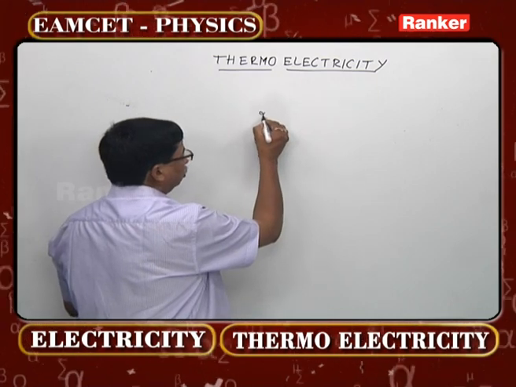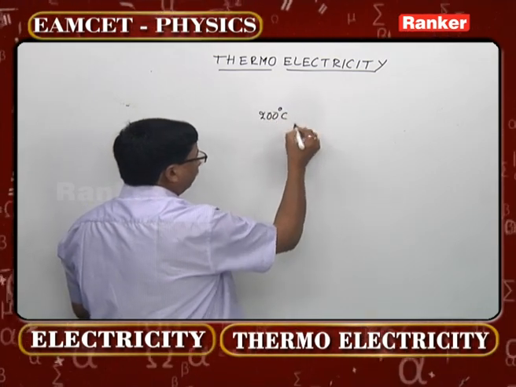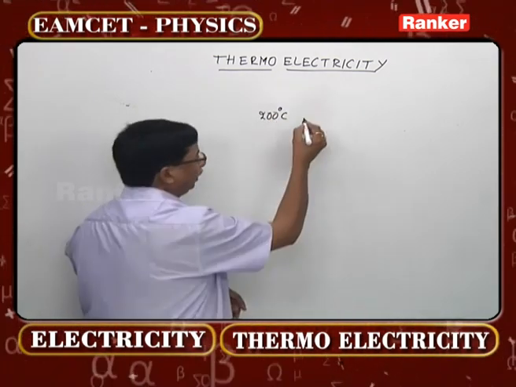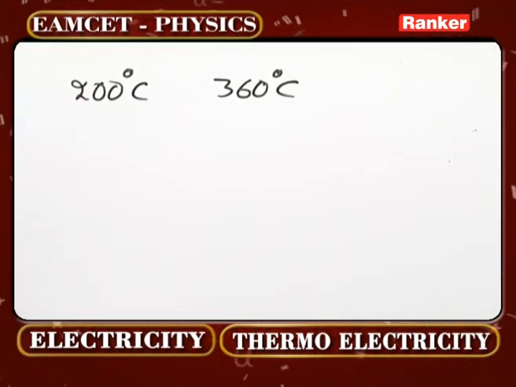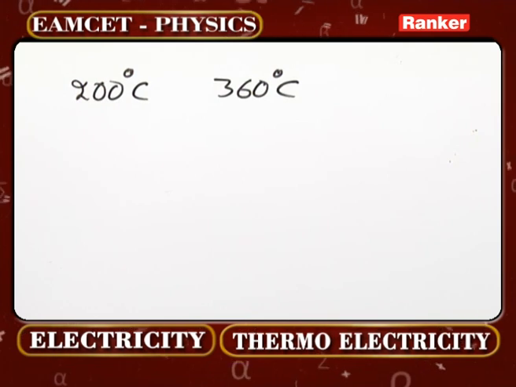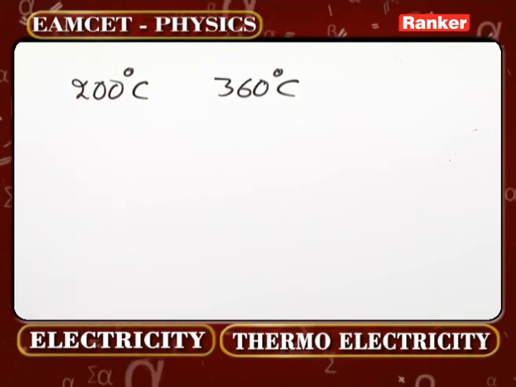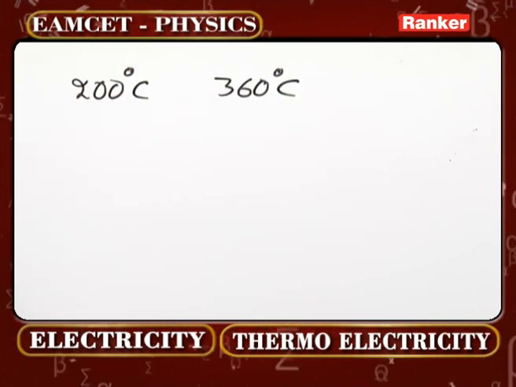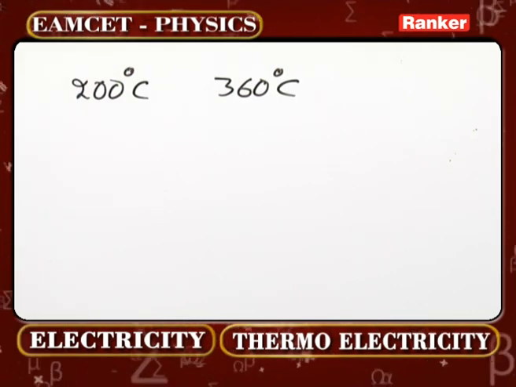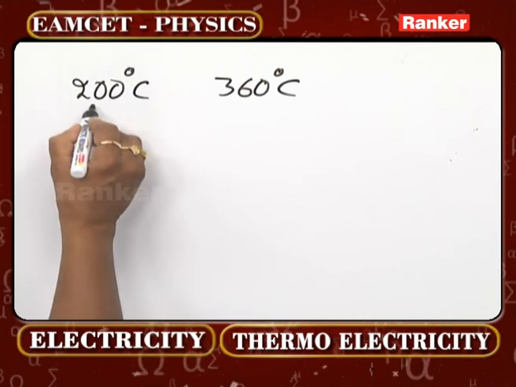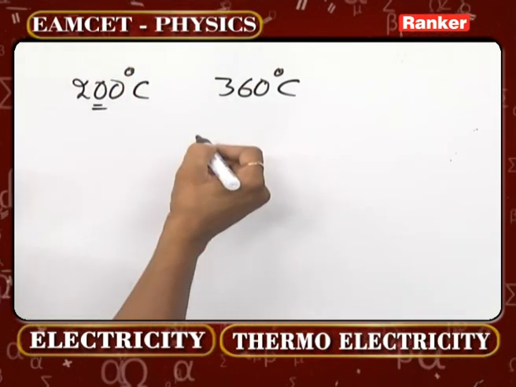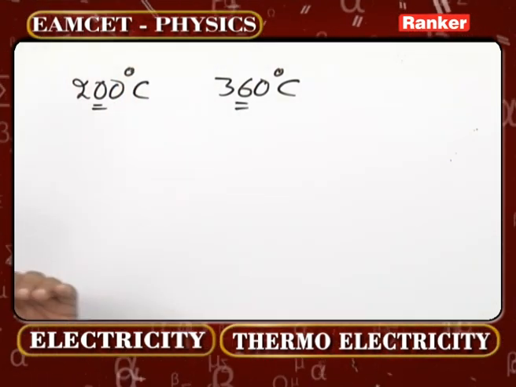So at 200 degrees centigrade, even at 360 degrees centigrade, we are finding the same value. Keeping the cold junction at 0, the thermo EMF due to the thermocouple is the same, at 200 also and at 360 also.